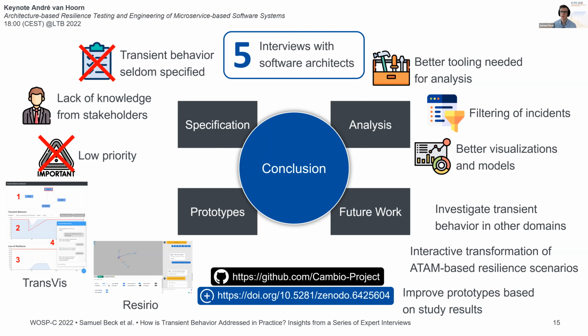But you also have to keep in mind that they usually work at IT consulting companies, and all of them stated that it is usually very difficult to get these performance requirements from their customers in general.